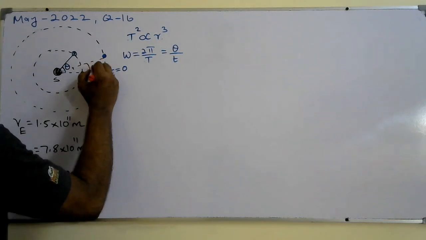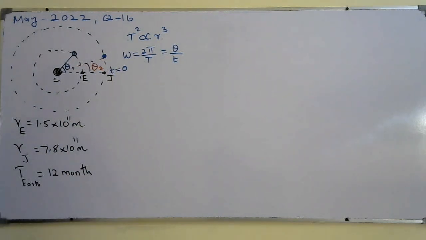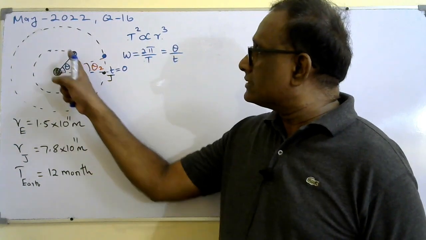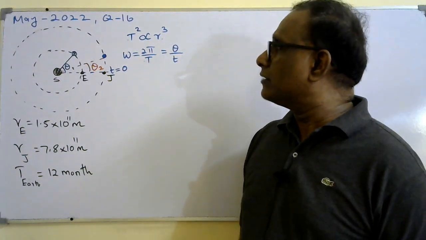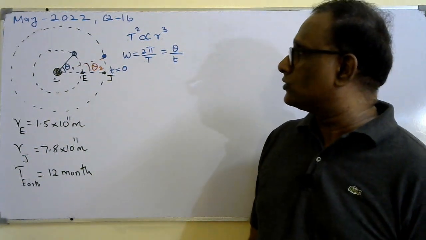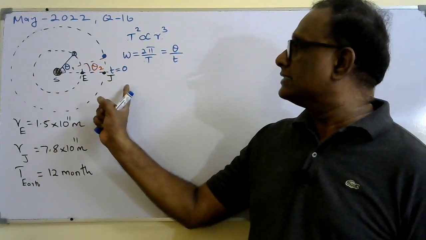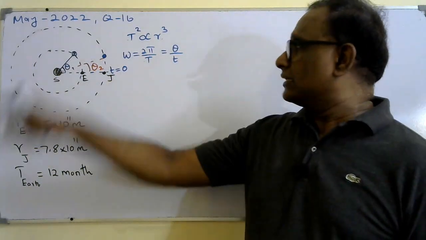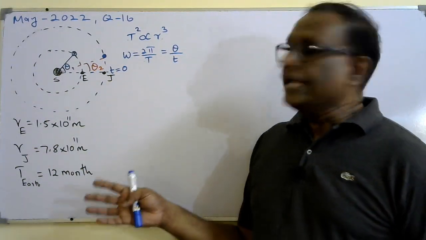Okay, so the condition mathematically when they are in opposition again: theta 1 minus theta 2, that's change in central angle, theta 1 minus theta 2 should be 0. That happened now. Theta 1 minus theta 2, the difference between the central angles, is 0 at t equals 0. Later, when they become again opposition, theta 1 minus theta 2 could be 2 pi.